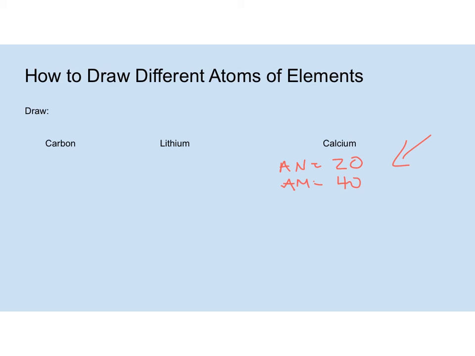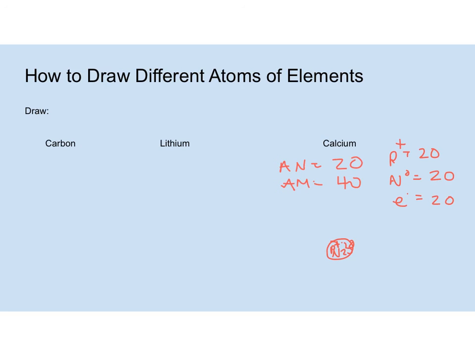So what that means is that my proton number equals 20, my neutron number is 40 minus 20, which also happens to be 20, and my electron number is 20. So now when I want to draw calcium, here I'm going to put my proton number 20, neutron 20. I apologize, it's a little sloppy, it's just hard to draw on an iPad.